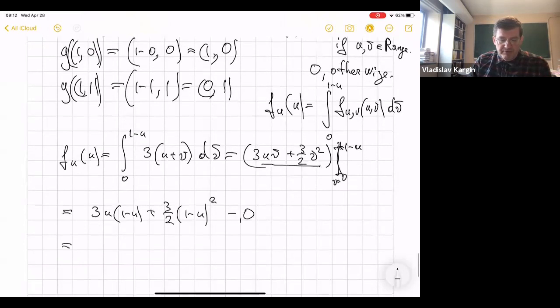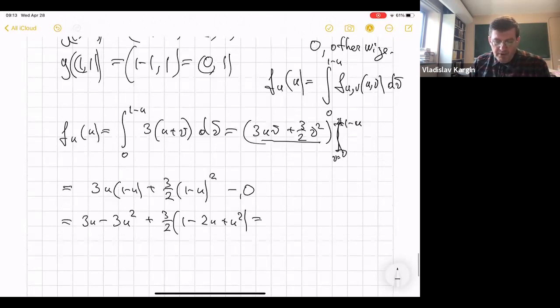So what is it? It's equal to 3u minus 3u squared plus, let us look, 3 half times 1 minus 2u plus u squared. So here's 3u minus, and here's also 3u, so this linear term cancels out.